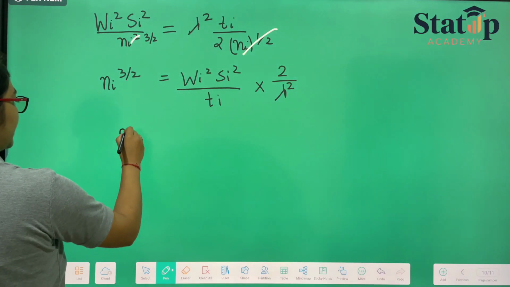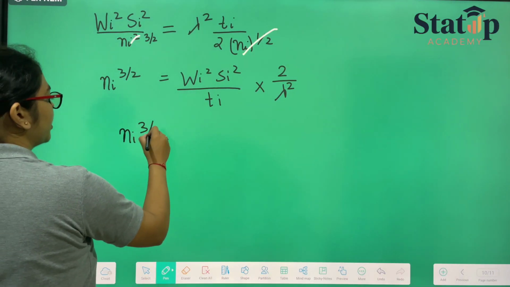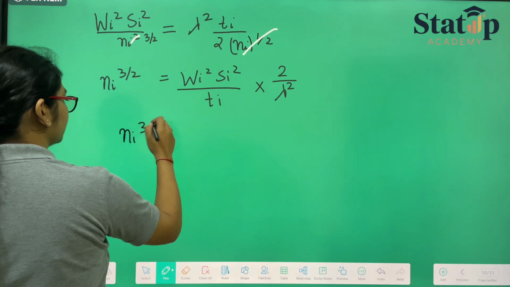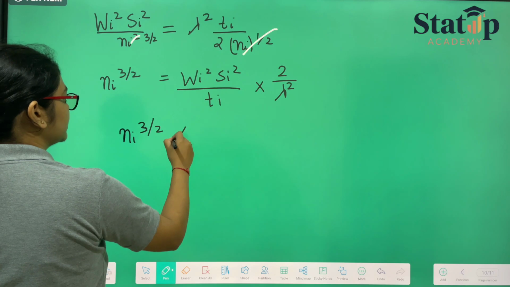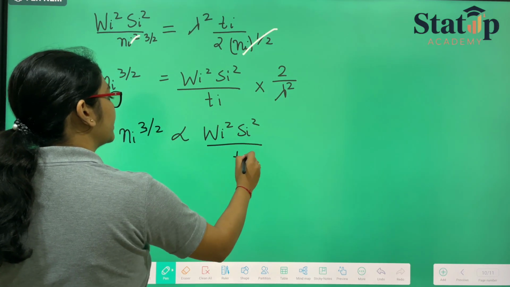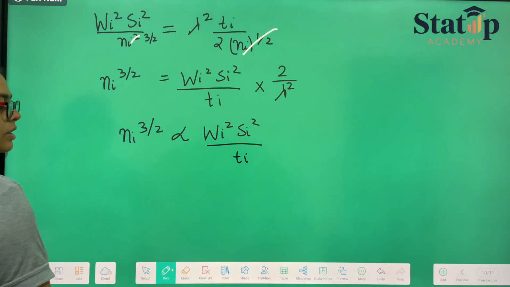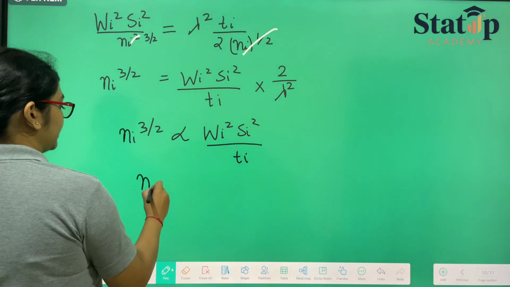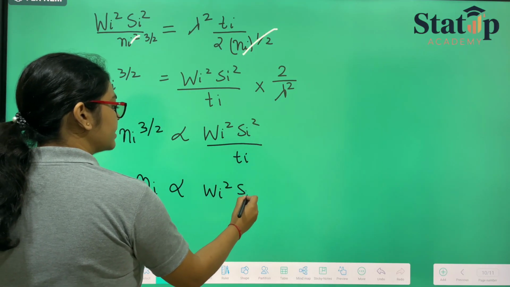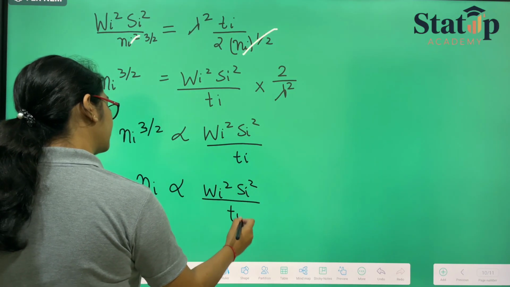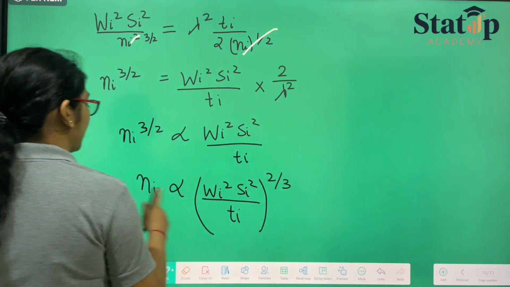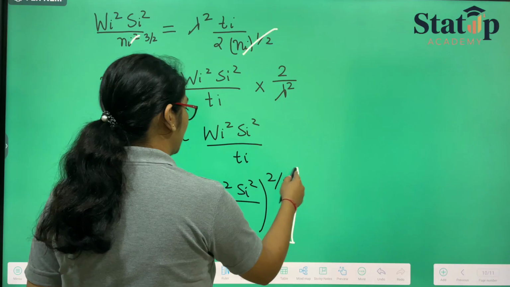Or we can also say that ni raised to the power 3 by 2 is directly proportional to Wi square Si square upon Ti, taking the constants away. Or we can write it as ni is directly proportional to Wi square Si square upon Ti raised to the power 2 by 3. And this was what we had to prove.